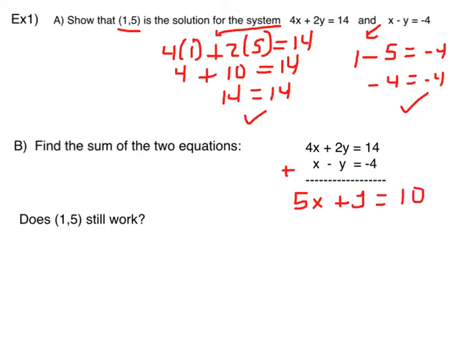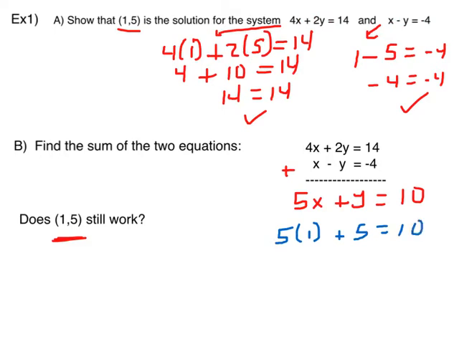Last year, when you added, sometimes something fell out. Nothing fell out right here, so we have to explore where they're trying to get at, and you'll see in a moment on the next page. They want to know, if I add the two together, does this answer still work? Let's try it out. I'll pick a different color. We put 5 times 1, plus 5.